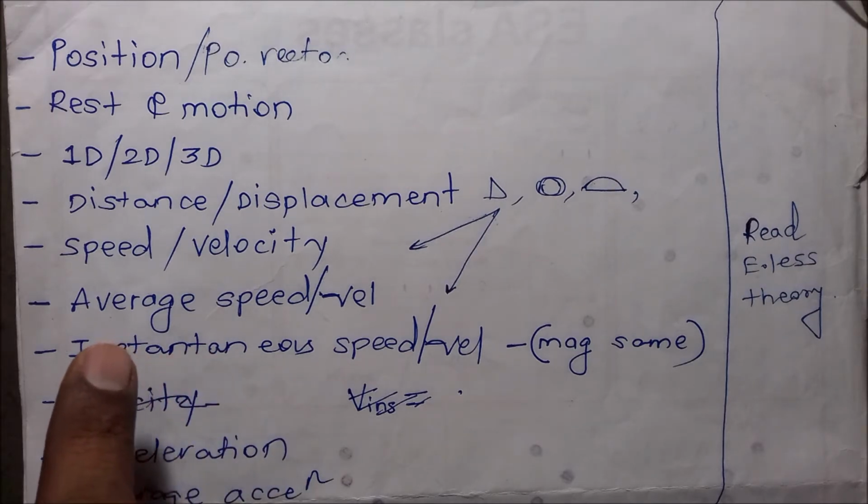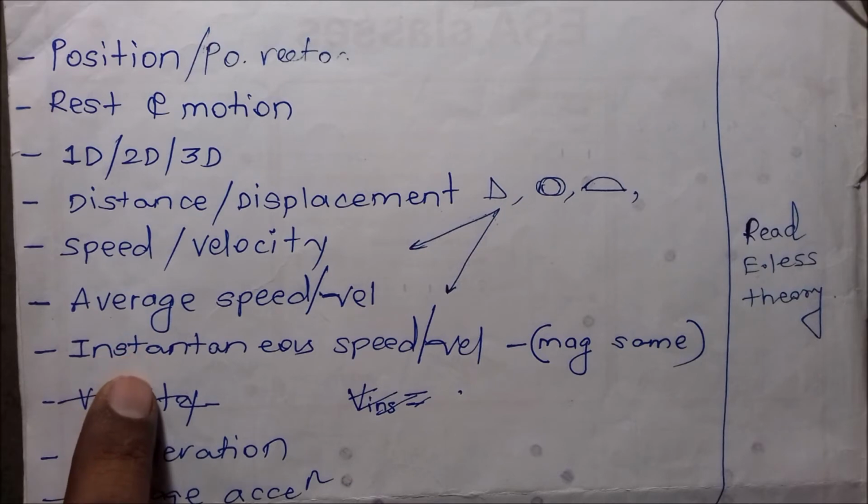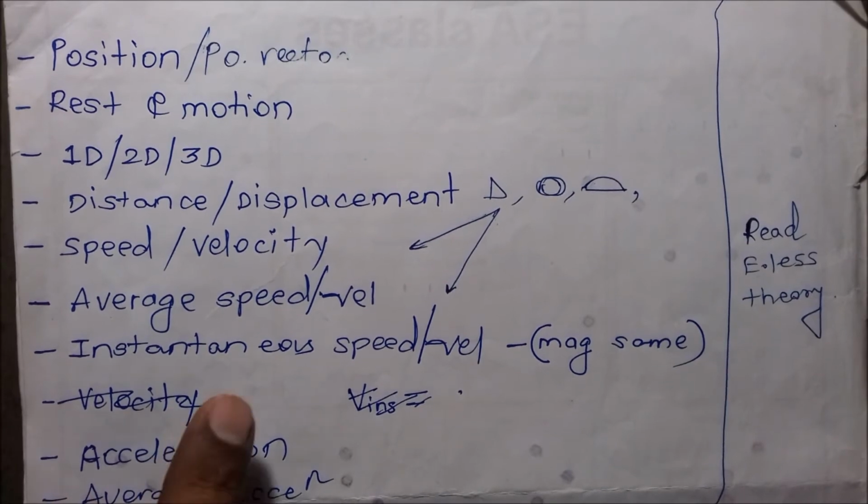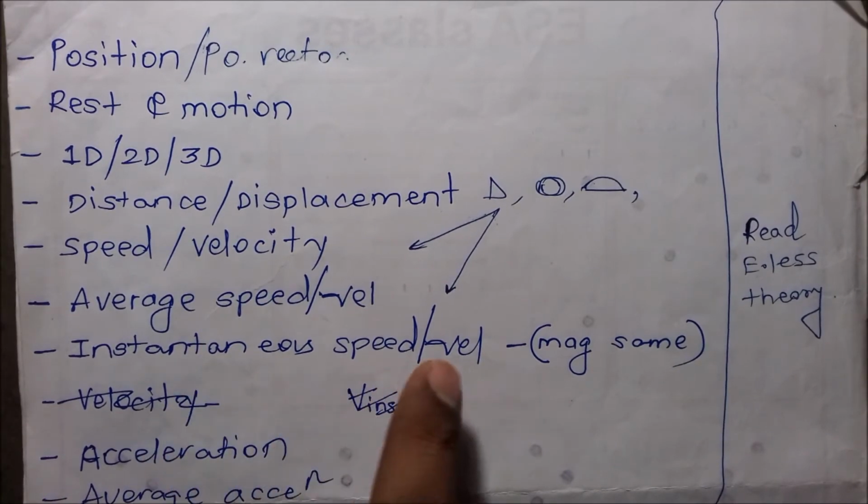Then speed is always greater than or equal to velocity. Instantaneous speed and instantaneous velocity have the same magnitude.